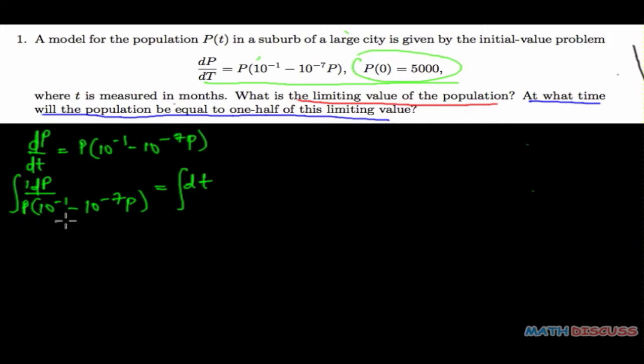What we have is 1 over P times (10 to the power negative 1 minus 10 to the power negative 7 times P). To solve this, we resolve it into partial fractions.